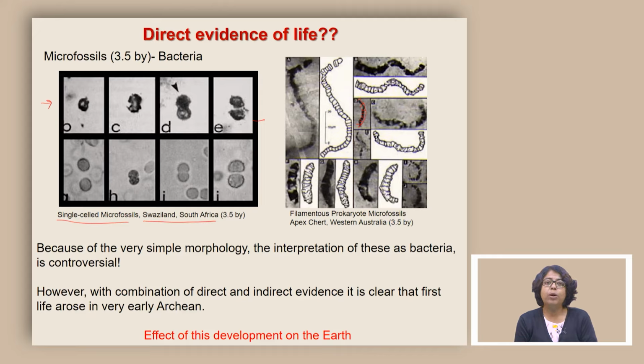Now, there has been quite a bit of controversy in terms of whether they are really bacterial remnants or whether they were produced by some inorganic process which developed these kinds of patterns, such as cracks later filled up by carbon-rich material.